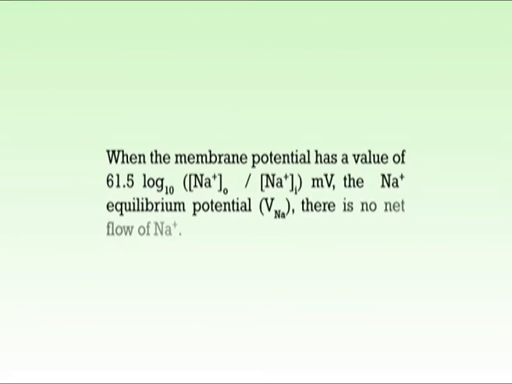Similarly, when the membrane potential has a value of 61.5 log base 10 of the outside concentration of sodium ions by the inside concentration of sodium ions in millivolts, the sodium ion equilibrium potential is V sodium. There is no net flow of sodium ion.